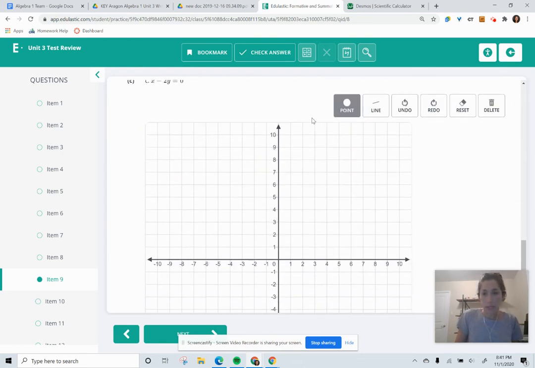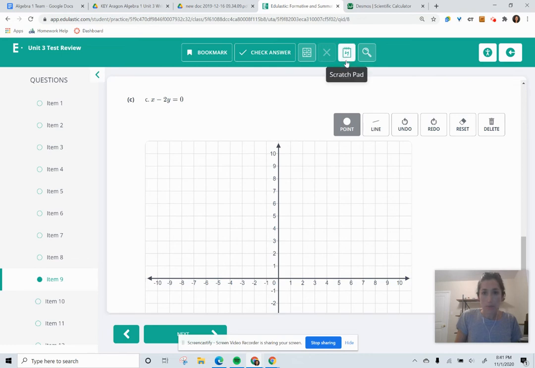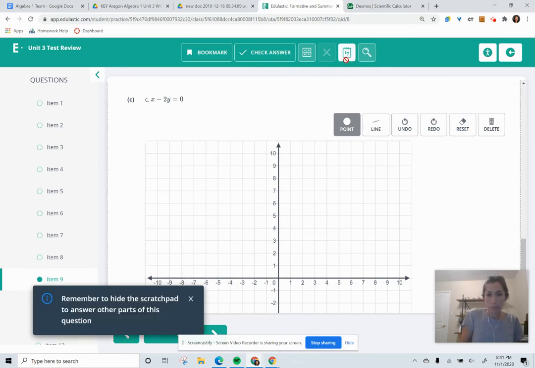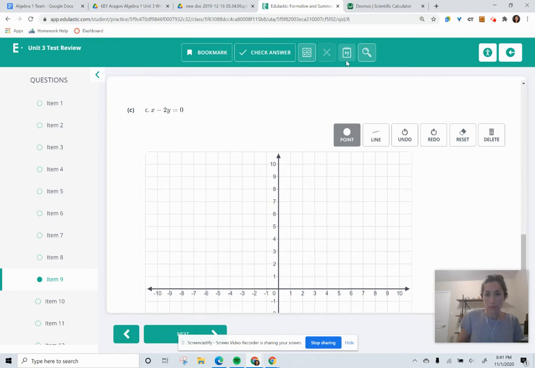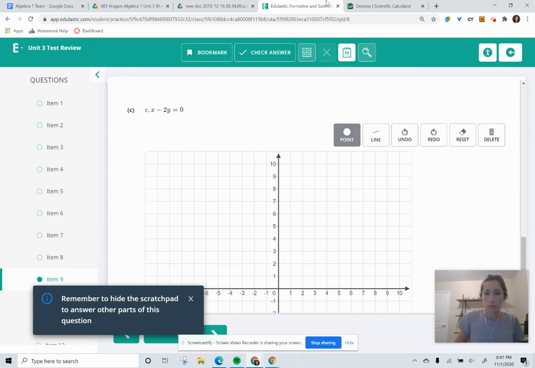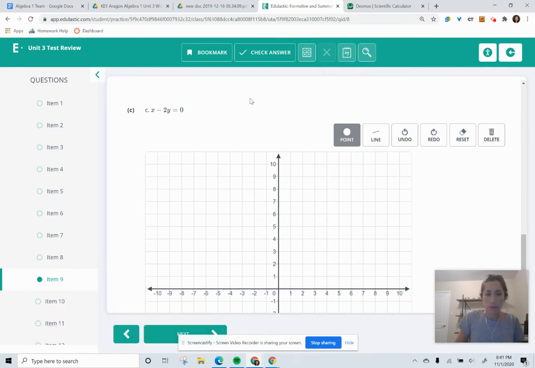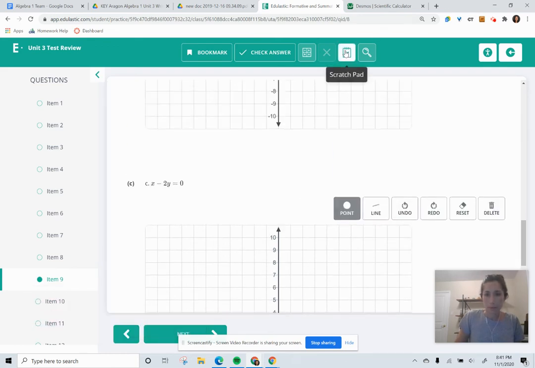And then this one here, we're going to need to rewrite this in slope-intercept form. So I'm going to open up my scratch pad. Whoops, I closed out my scratch pad. There we go. Where's my scratch pad?